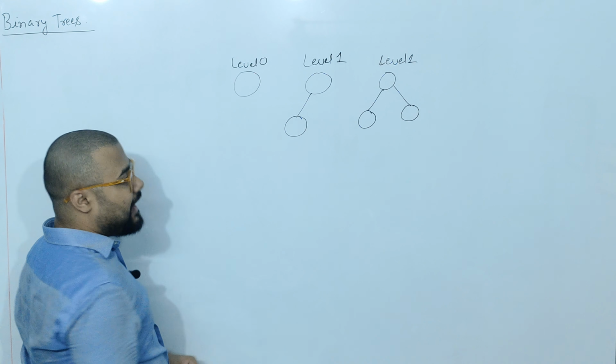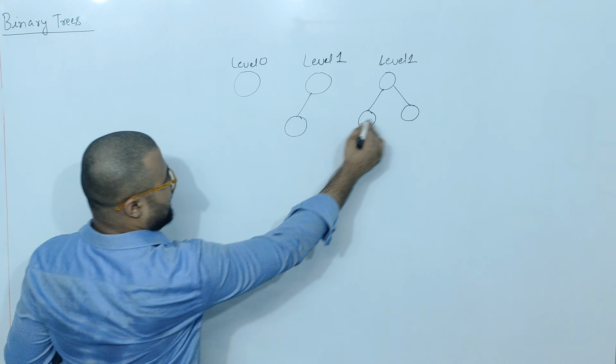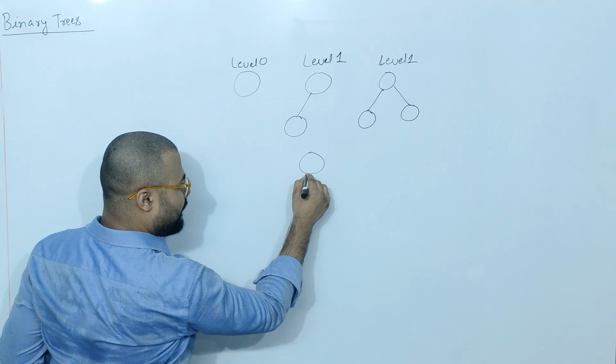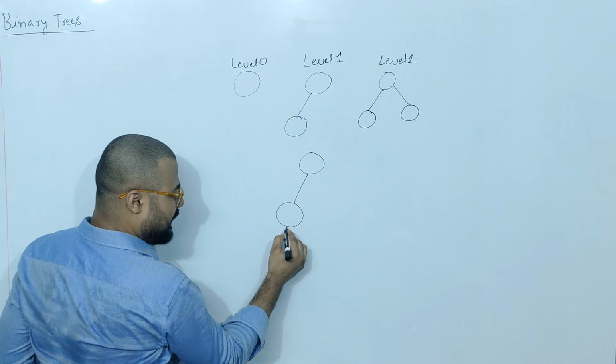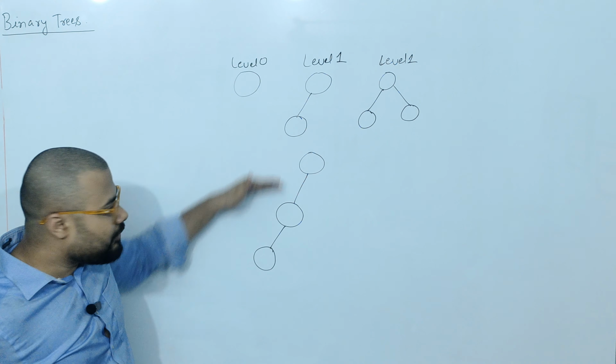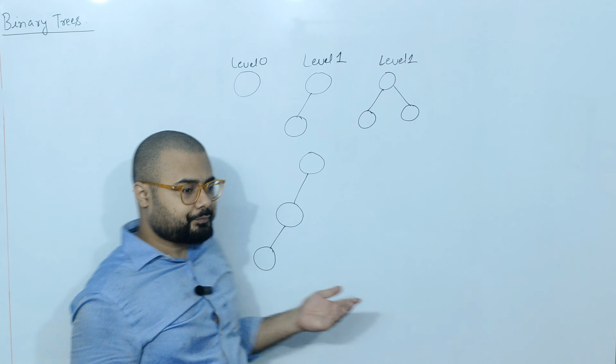But if you had added the node not at the root level, but at a level 1 node, so this is a level 1 node, and you added a node at this level, now the level of the tree will increase by 1. The height of the root will increase by 1.